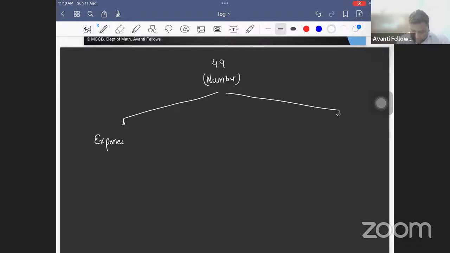Let's start. See, log is an operator. Say we have a number 49. This number can be written in two forms. One is exponential form, the other is logarithmic form.